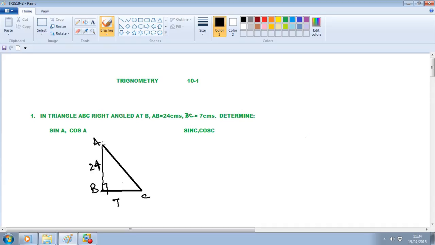When it's a right angle triangle, we can find the value of AC using Pythagoras theorem.